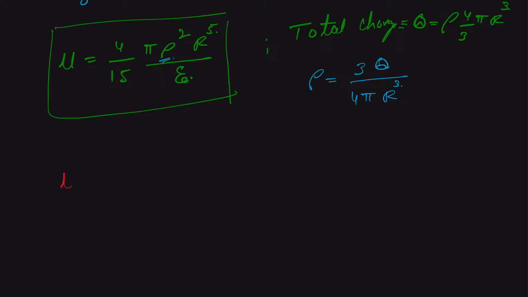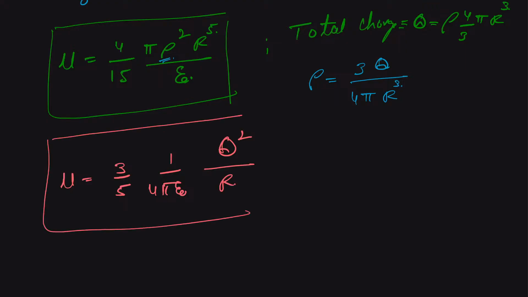Therefore we get that U will be equal to 3 by 5 times 1 upon 4 pi epsilon naught, Q square upon R. So same expression, but we can write this in terms of the given charge, that is our Q.